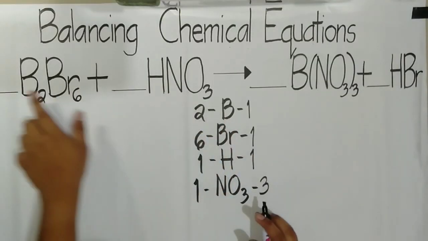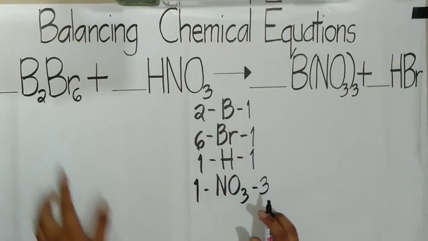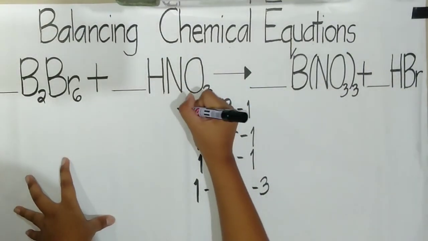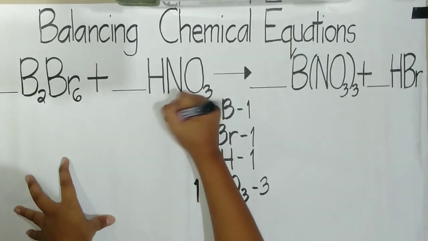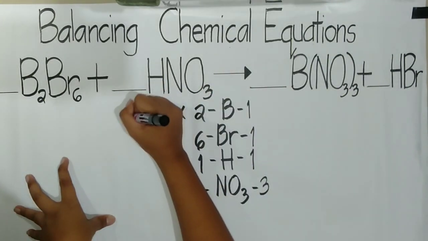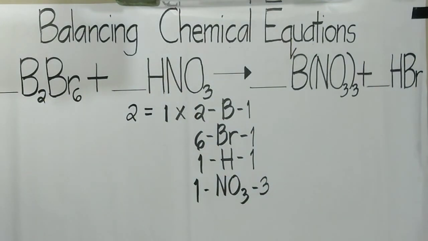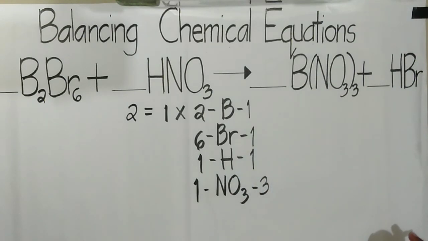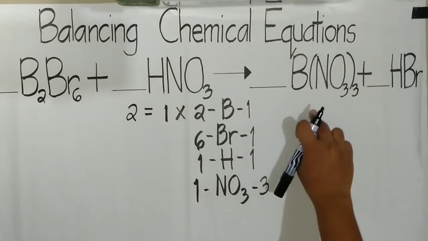So we have here boron, no coefficient, so this would be 1. So 1 times 2 is equal to 2. On the product side, in order for it to be balanced, we are going to look for a number that we will multiply in order for it to be equal to 2.